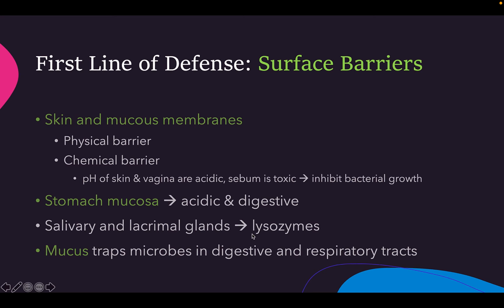Think lyso as lysing, or breaking, exploding, and enzymes as an enzyme, so they're literally exploding enzymes that help chunk up and break up pathogens coming in. And then mucus traps microbes in the digestive and respiratory tracts. So this first line of defense, think of it as your skin and mucus.